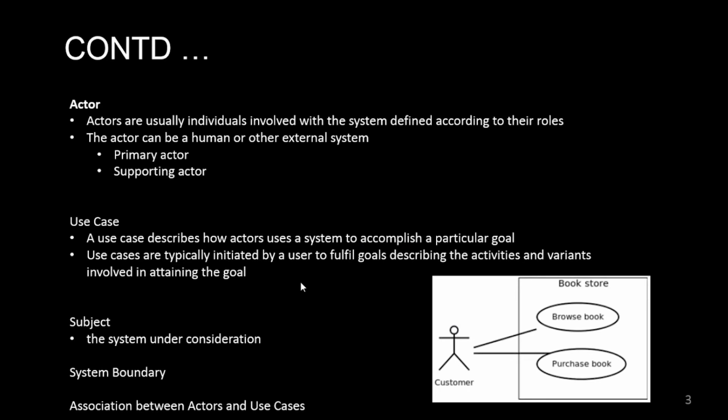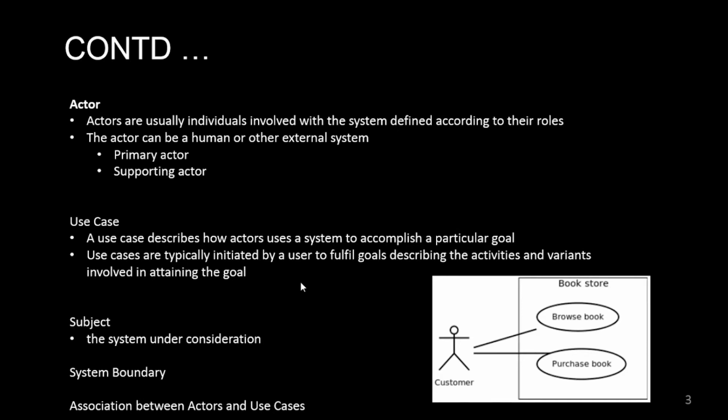Starting with the actor, there are many different things which we can consider in a use case diagram: actor, use case, the system, your system boundary, and all those things.